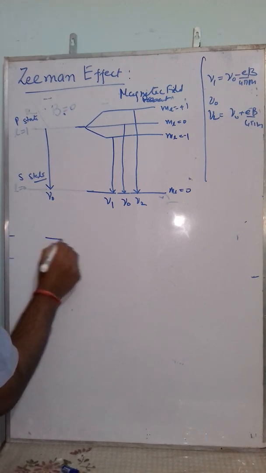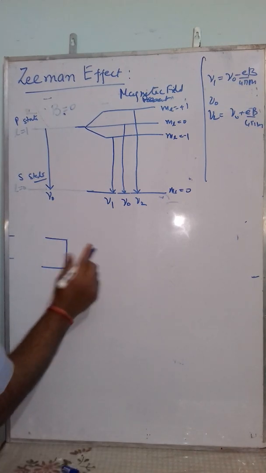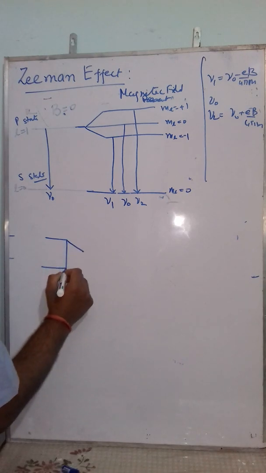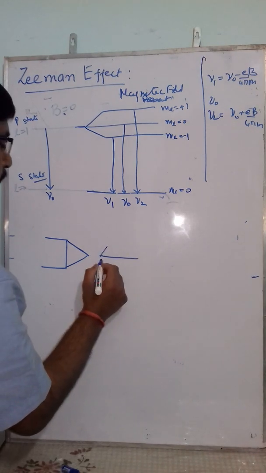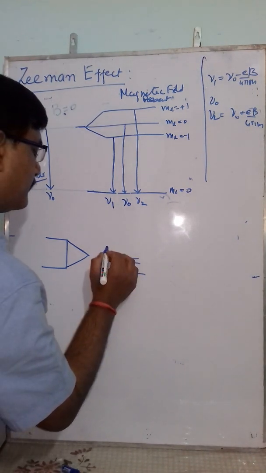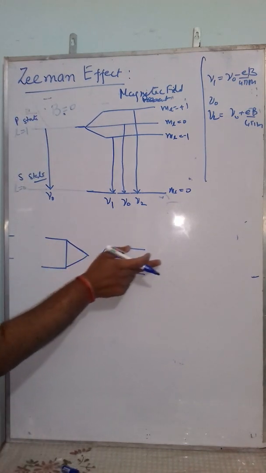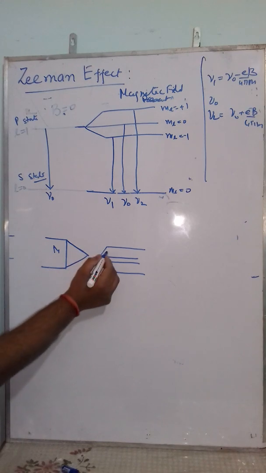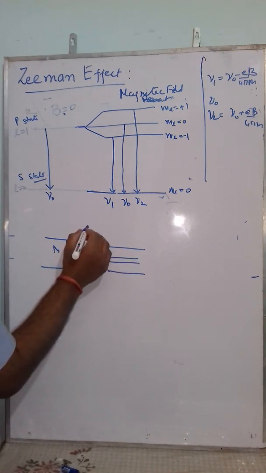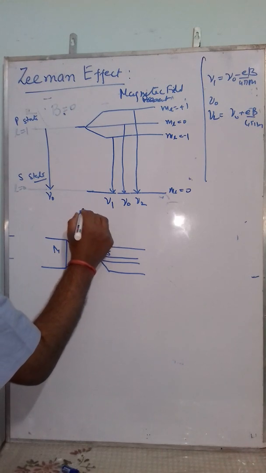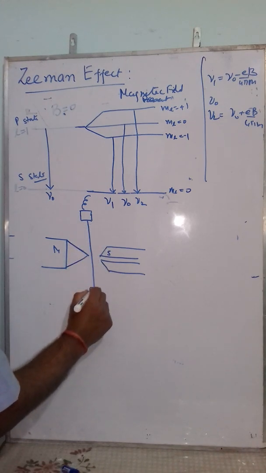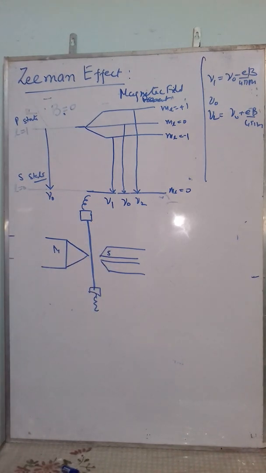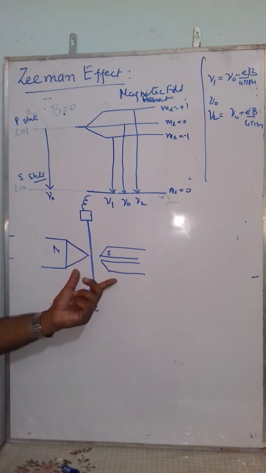What we do is put a magnet like this, and we put a hole inside the magnet. Suppose this is N, this is S. This is the light source whose spectra is to be observed. It is put inside the pole pieces of a magnet.